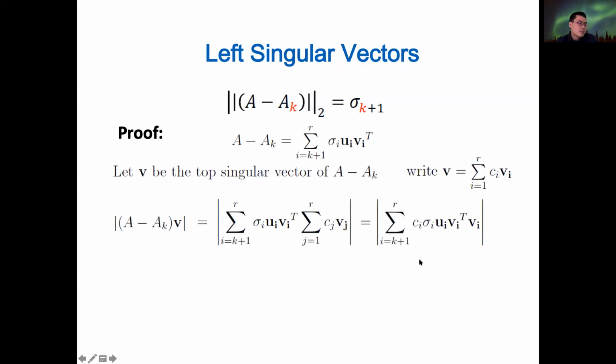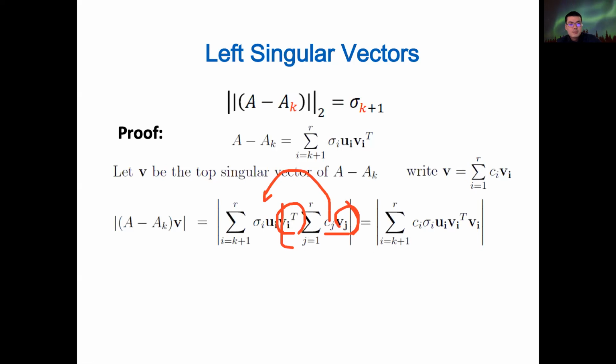Then let's look at what we have. Now you should be super familiar with this. If you look at this term here, each term has a constant, which can move forward. Then we have the inner product of Vi and Vj. For i and j that are not equal, they are orthogonal, so this term will be 0.